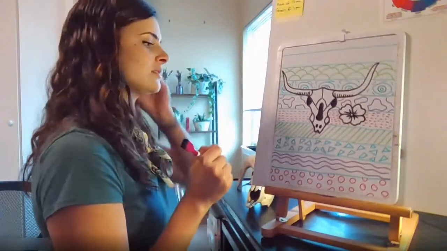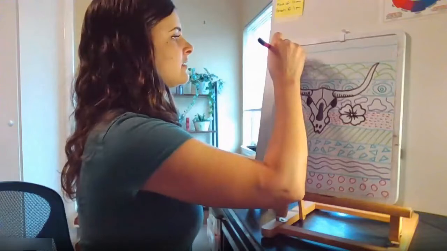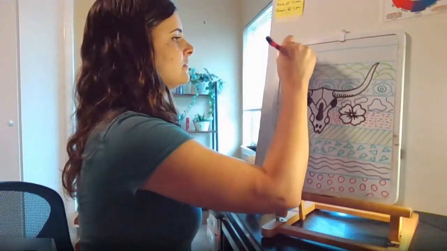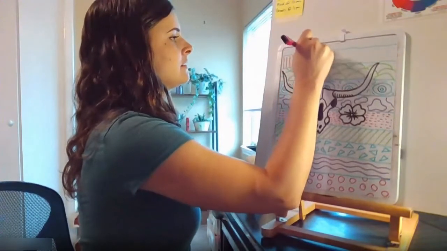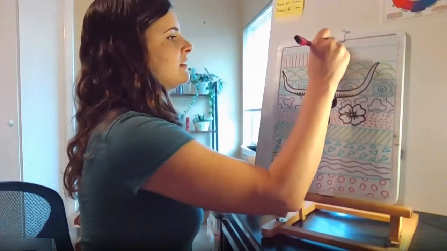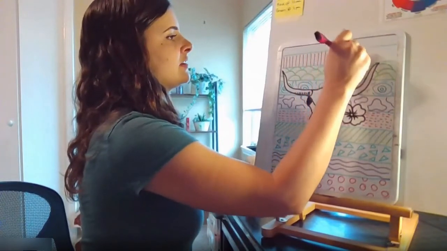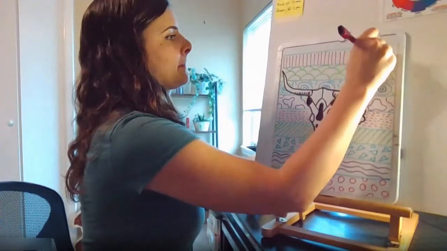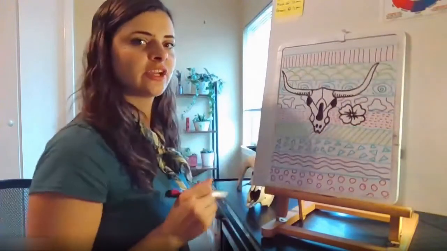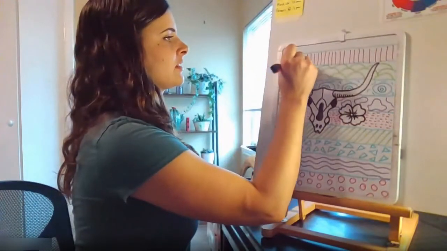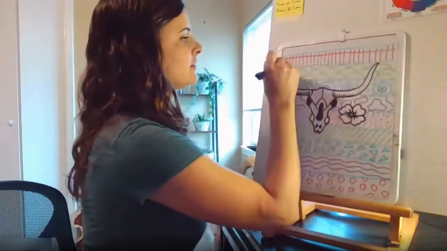Second to last row. Maybe I'm going to do some checkers. So with checkers, you do straight vertical lines. Trying to keep the spacing as even as possible. And for the checkers, you do straight horizontal lines on top.